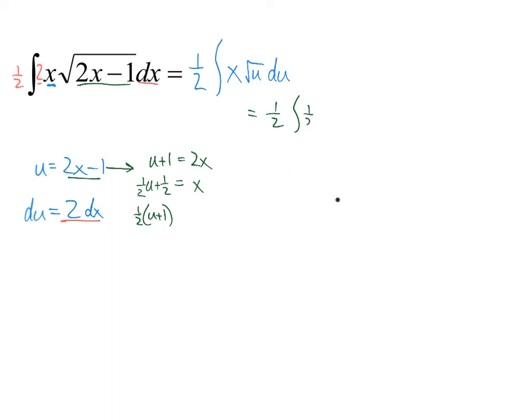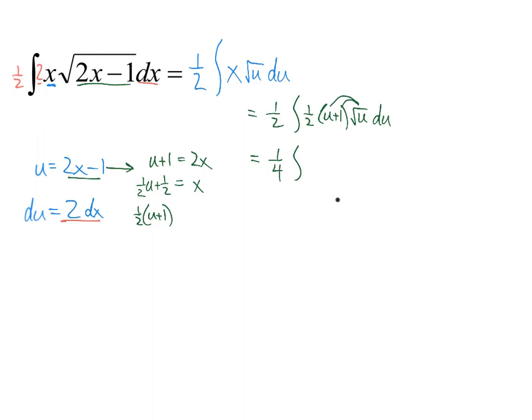So I have a 1/2 times u plus 1 times the radical u du. And I rewrote it that way because I'm going to pull the other half out of here. So now it's a 1/4. And then notice the reason why this one will work is because even though I still have things multiplied and there's no product rule for integration, I get something that I am actually able to distribute and get into something I can take the antiderivative of.